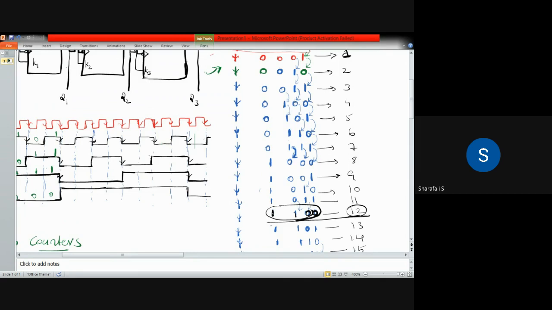That is one method. Otherwise, you can construct this by using two different counters.